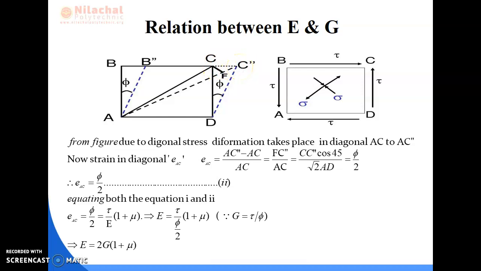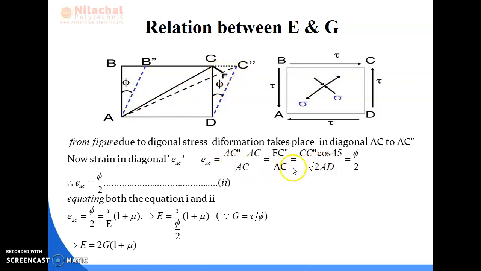Now FC double dash is equal to CC double dash into cos 45. A question may arise: why are we taking 45 degree? Because the increase of angle is very small, we are not considering it, and we are taking 45 degree as theta.